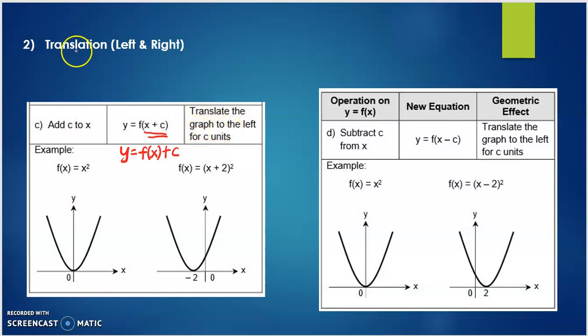So how are we going to know whether it translates to the left or right? We let the expression in the bracket, x plus c, equal 0. So x equals negative c. Since it's negative, the graph will translate to the left hand side. Let's look at the example.